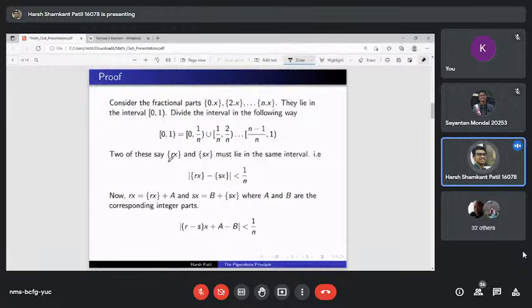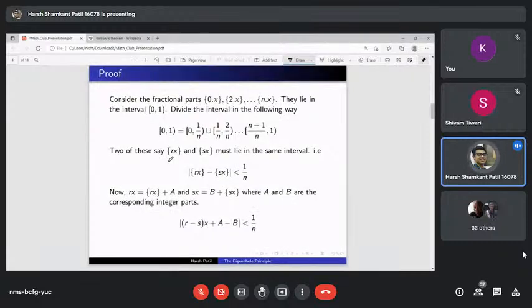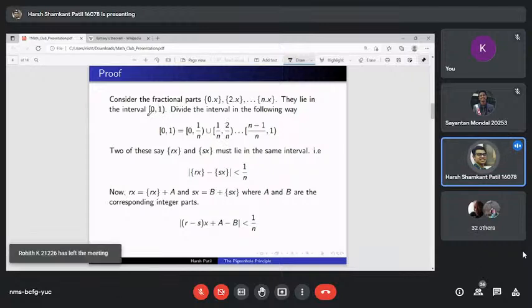Right, so now how do we prove this? Consider the numbers 0 times x, x, 2x, up to n times x, and consider their fractional parts. All of these fractional parts lie in the interval closed 0, open 1. Now we divide this interval into n equal parts. What are our boxes and what are the pigeons?